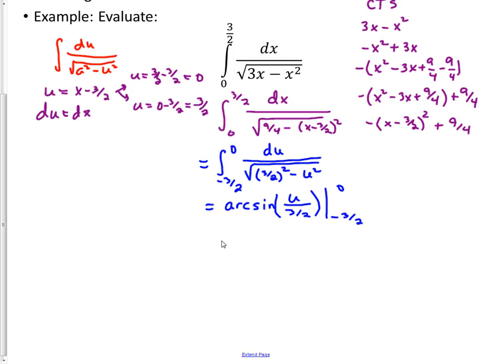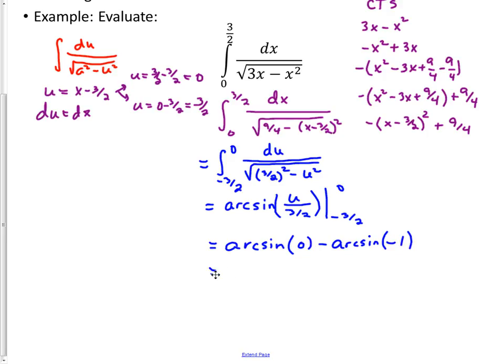I'm not going to do any fancy rewriting of this fraction right here, because let's take a look at what's going to happen. If I substitute in 0 for u right away, my arc sine will be of 0 over 3/2, and that's just 0, minus the arc sine of negative 3/2 divided by positive 3/2. Well, that's just negative 1.